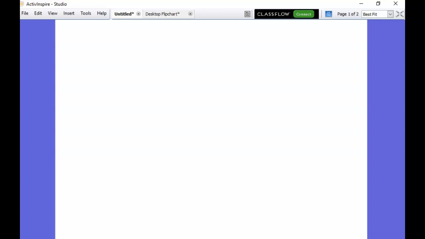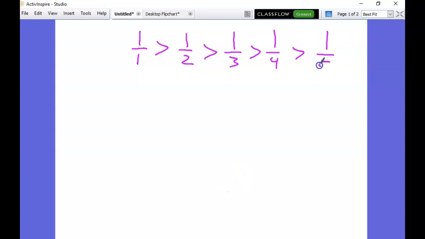All right. So let me ask you guys. 1 over 1 and 1 over 2. Which one's bigger? All right. What about 1 over 3? Which one's bigger? 1 over 2. What's happening to this fraction every time I make the bottom bigger?